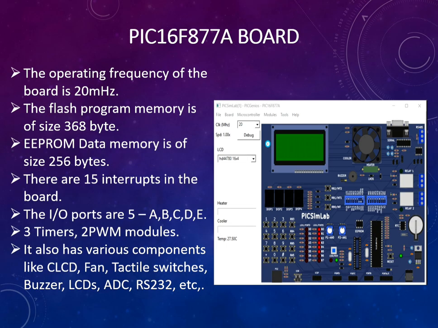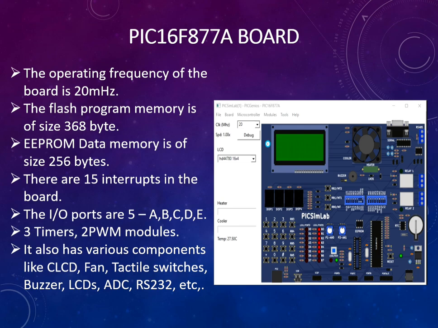The PIC16F877A board is used to execute our MicroOven program. The operating frequency of the board is 20 MHz. The flash program memory is 368 bytes, and the EEPROM data memory is 256 bytes. There are 15 interrupts in the board.